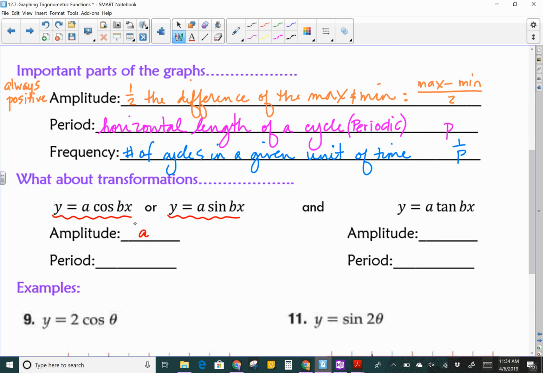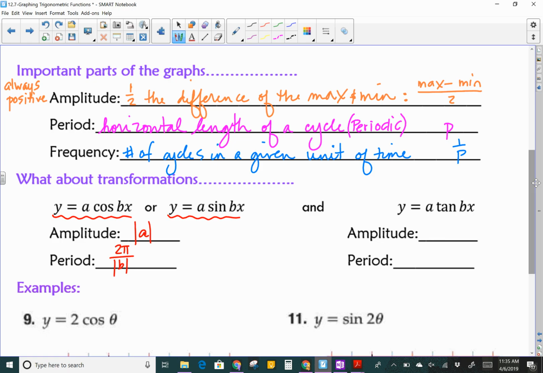So you remember it's always positive, think about that as the absolute value. And your period is the period of your parent function, which in this case is 2 pi divided by b. Again, if you need to, put absolute values, because a period is a horizontal length and the length can't be negative. So whether b is positive or negative, you're just going to divide by the number.